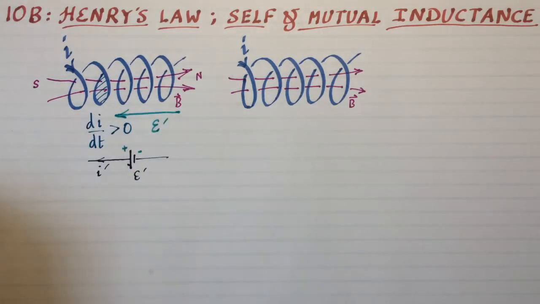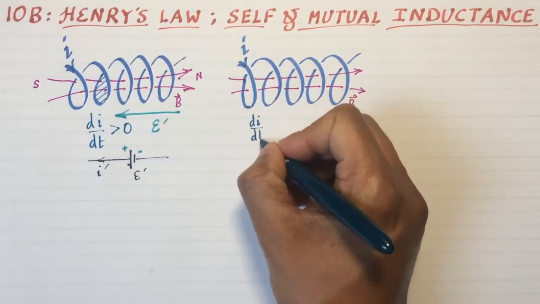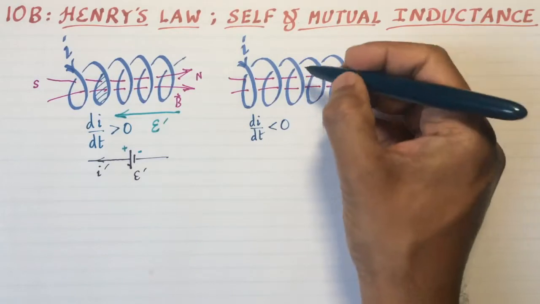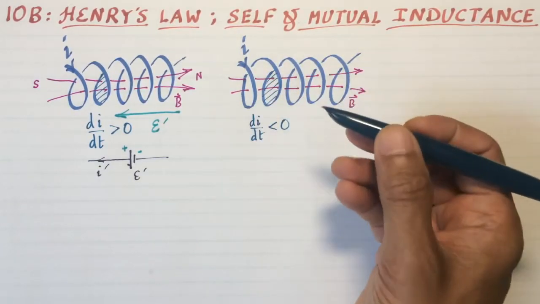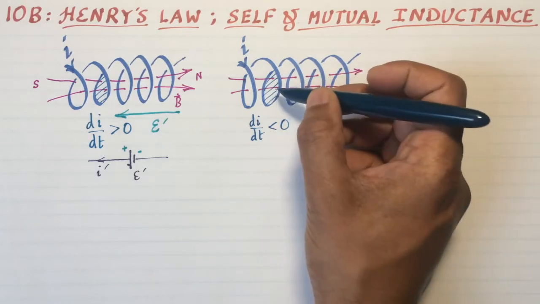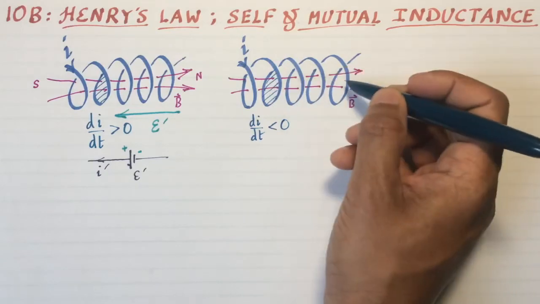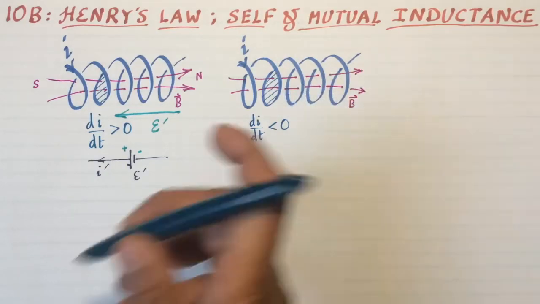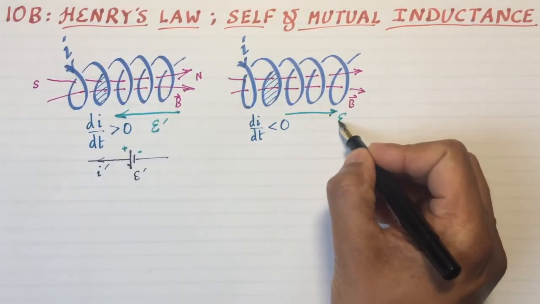Let's try the other case. What if di by dt were less than zero? Well, in that case, any cross-section of the coil will be seeing less magnetic field going to the right, and to remedy that situation, the coil would like to send more induced current such that more of this kind of field is produced, or flux is produced, and that would require an induced EMF in this direction, to use Henry's language.